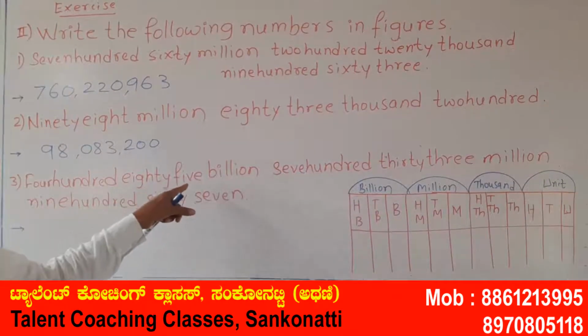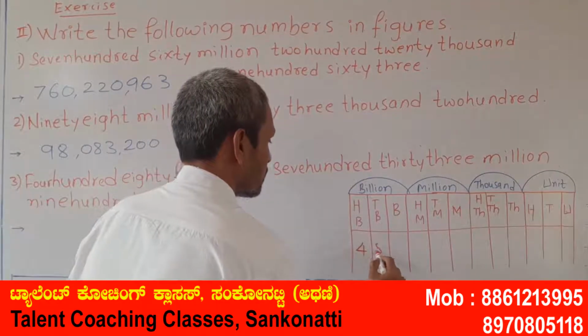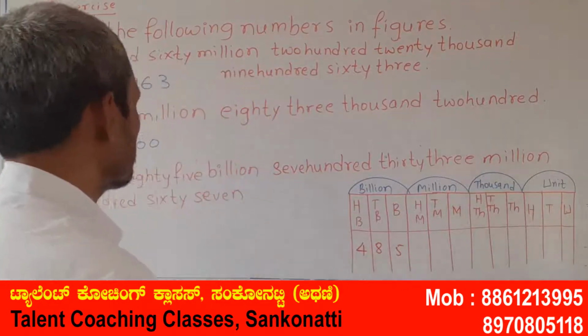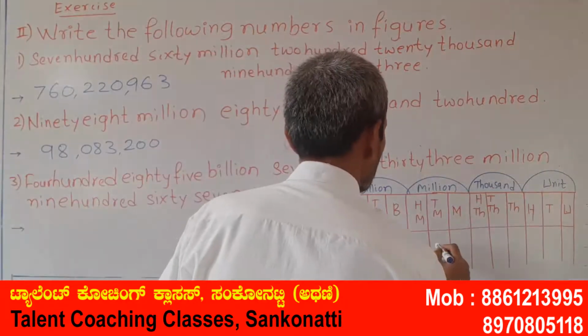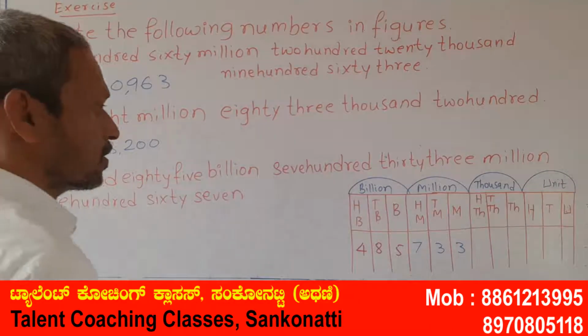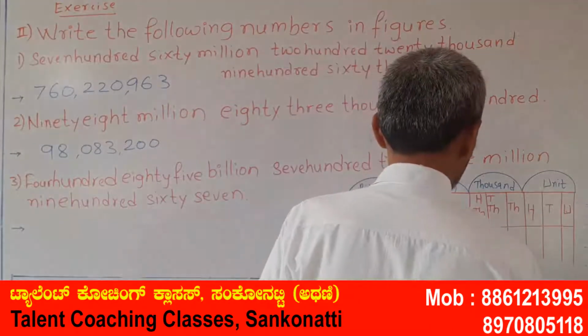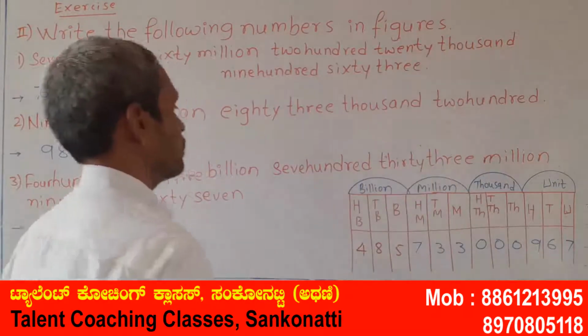This one is 485 billion. In the billion group, 485. 733 million, 733. 967. Thousand is not there.